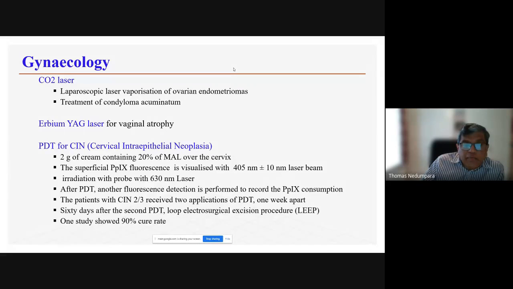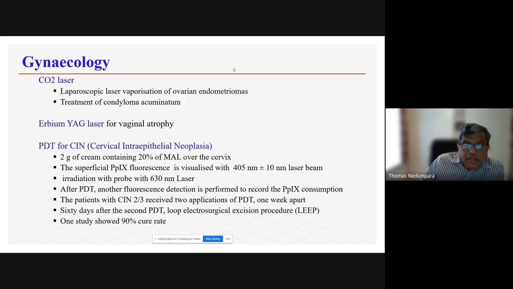So initially, we apply a 2-gram cream of a methyl ester of ALA over the cervix, and it produces protoporphyrin IX fluorescence visualized through a 405 nanometer laser beam. And then use a 630 nanometer laser beam to irradiate this highly fluorescent area.